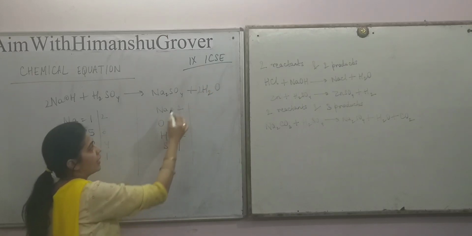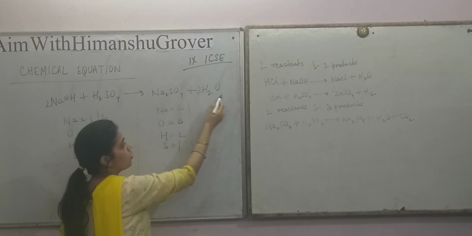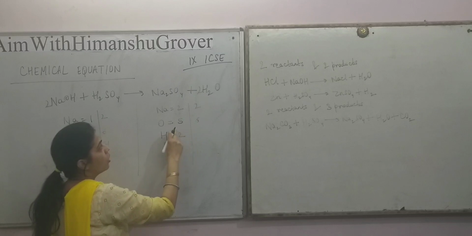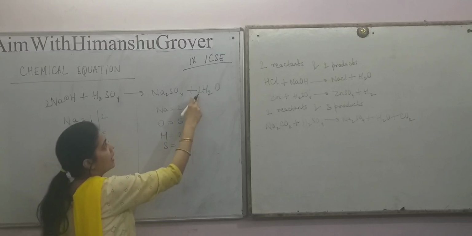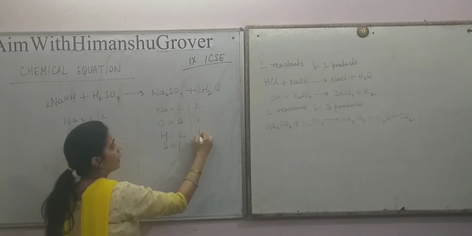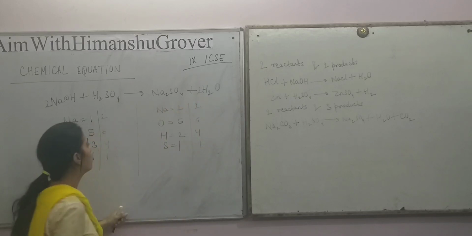Now the oxygen atoms also become 4 plus 2, 6. Sodium is already 2, oxygen becomes 6, hydrogen now becomes 2 plus 2, 4 and sulfur is already 1.